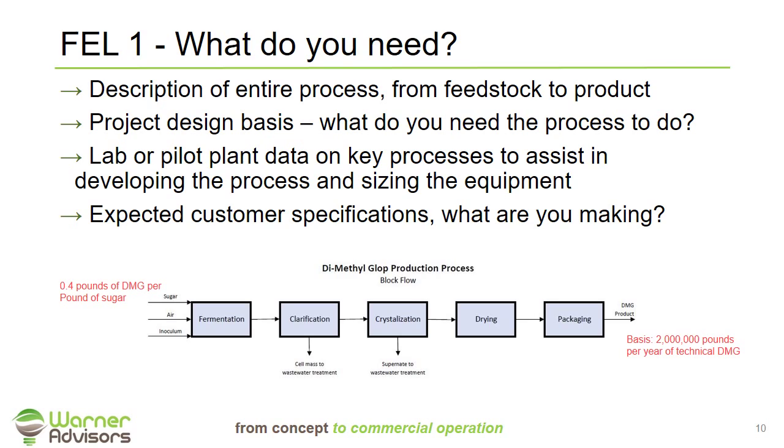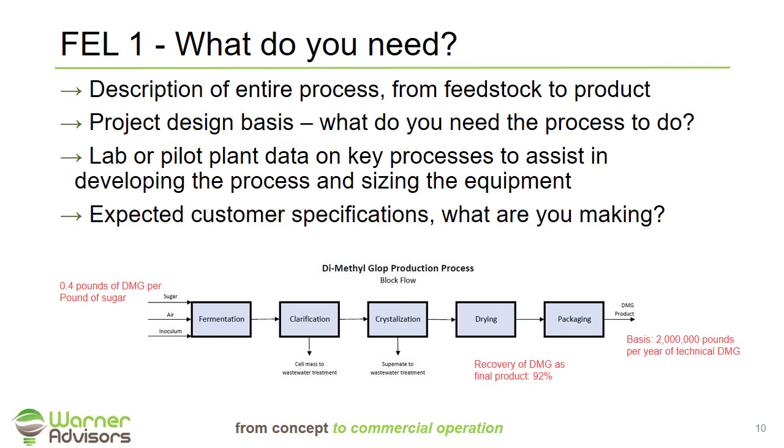Next, I'm going to have some rough idea of the efficiency of our process. In this case, we'll assume we have enough data that already tells us we're going to generate about 0.4 pounds of dimethyl glop per pound of sugar used.